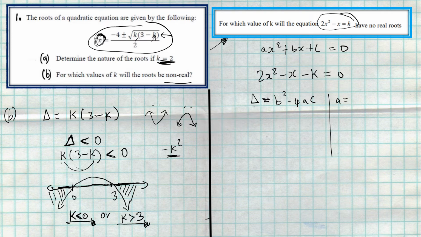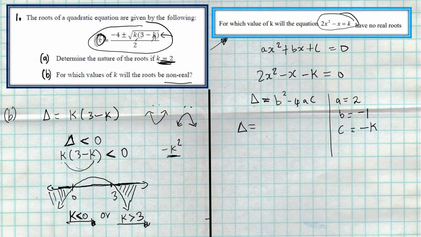What is my a? A is the coefficient of x squared, anything that is multiplied with x squared, which is 2. B is the coefficient of x, anything that is multiplying x, which is minus 1. And c is the one that is not multiplying x, which we call the constant. It's minus k.